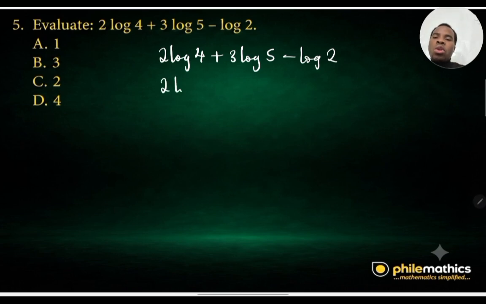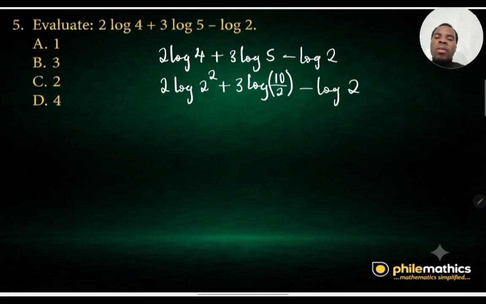So 2 log 2 to the power 2, plus 3 log. Now for 5, what I can simply do is to make 5 as 10 over 2, because 10 over 2 is same as 5. So this is 10 over 2 minus log 2.